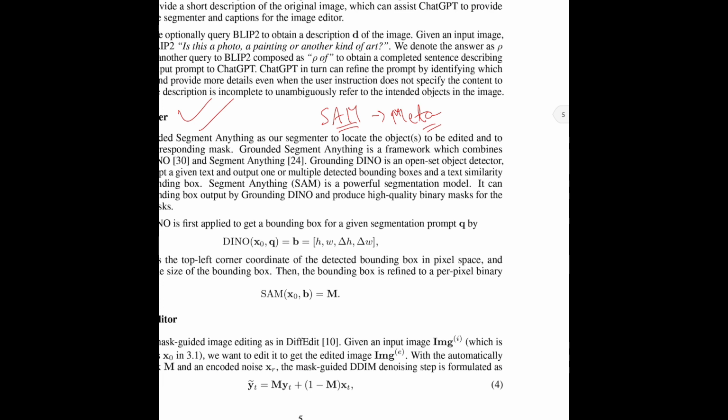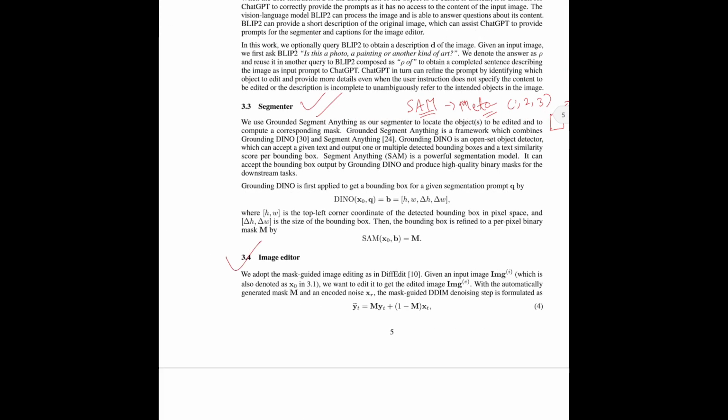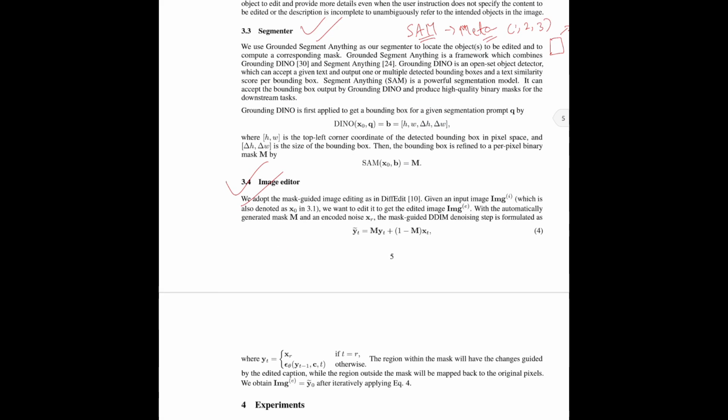What it does is that you pass a bunch of coordinates to it, and it would generate a bounding box for you. Okay, and then there's the image editor, as I said, stable diffusion, that they are using, and trying to minimize the loss between the generated image and the original image, so that the generated image is as close to the original as possible, except those pixels which we want to actually change.